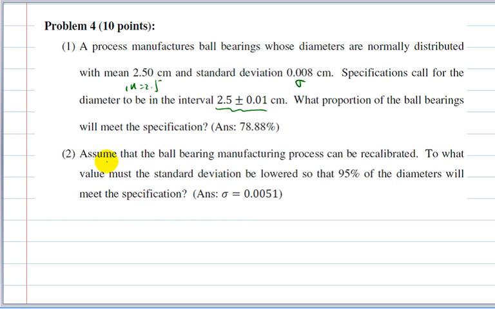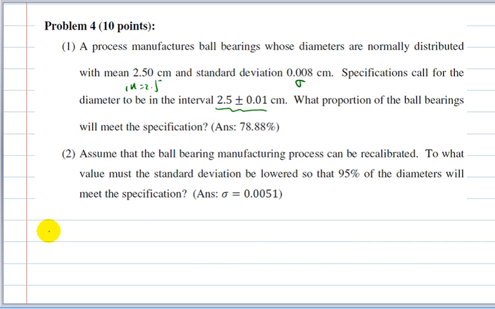Assume the ball bearing manufacturing process can be recalibrated. To what value must the standard deviation be lowered so that 95% of diameters will meet the specification? Essentially this sigma here may not be good enough.